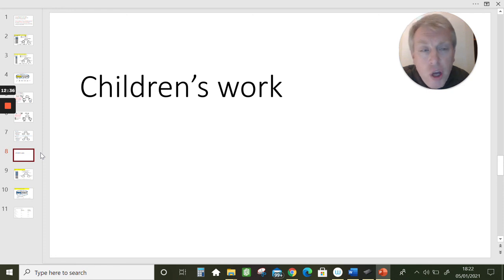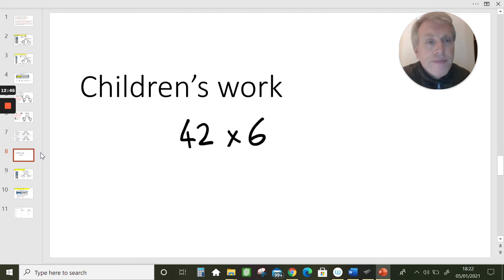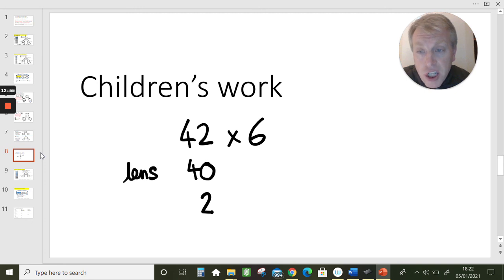I'll do one more for you here if you want to do it like the really quick way. Let's imagine that we wanted to do 42 times 6. 42 times 6, I'm splitting my 42 into 40 and 2, remember? I'm partitioning it into the 10s and the 1s.